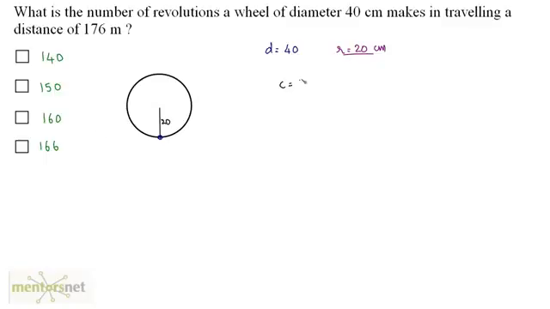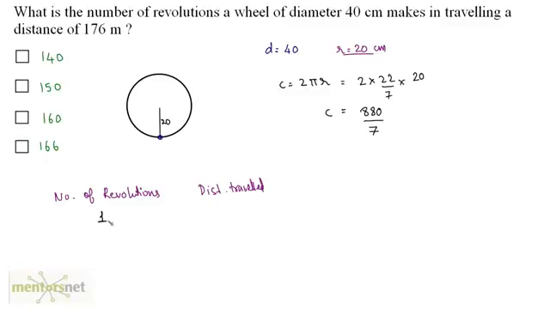The circumference is equal to 2 pi r, so that is equal to 2 into 22 by 7 times the radius, which is 20. So 22 times 2 is 44, 44 times 20 is 880 by 7. So this is the circumference. So in one revolution the distance traveled is 880 by 7 centimeters.